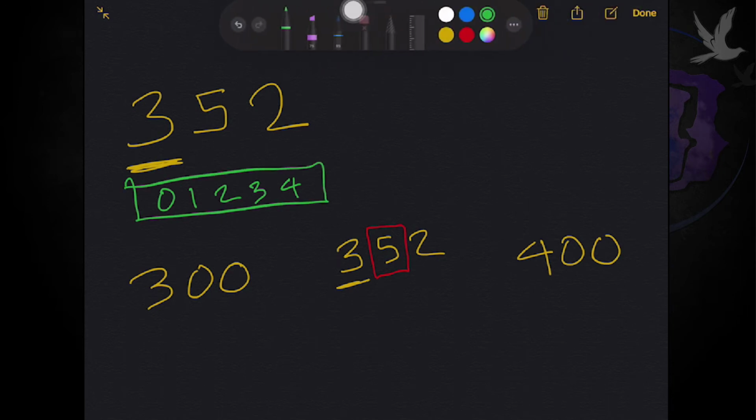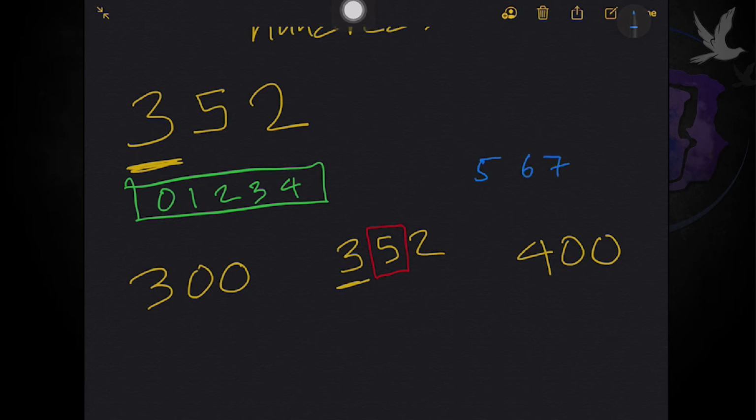And another group of friends, 5, 6, 7, 8, 9. Take note that I placed 5, 6, 7, 8, 9 to the right, while I placed 0, 1, 2, 3, 4 to the left. We have a reason for that, and I'm going to explain to you later.